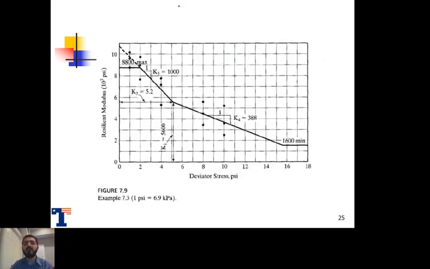So here, what I'm showing you, we are plotting the deviator stress, sigma d, on the x-axis over the resilient modulus, which is on the y-axis. Once we plot the relationship, this time it's not on a log scale; it's on a regular scale. We set the maximum value, which is right here.